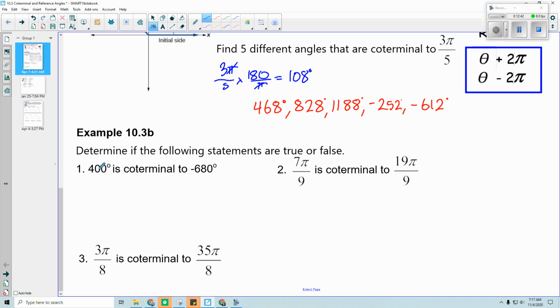So let's start at 400 and then subtract 360 over and over again and see if we land on this number. 400 minus 360, I get 40 degrees. Let's do that again. I get negative 320, getting closer, minus 360 again, I get negative 680, yes. So if I go backwards a couple rotations around, I do land on negative 680, so those are coterminal, so true.